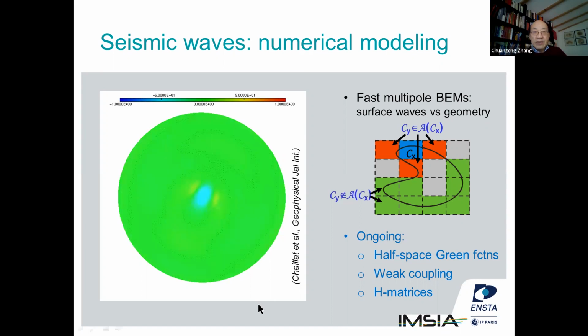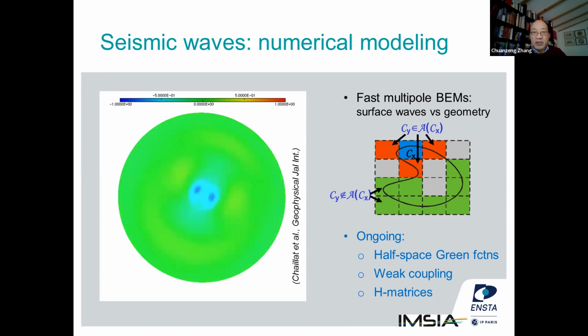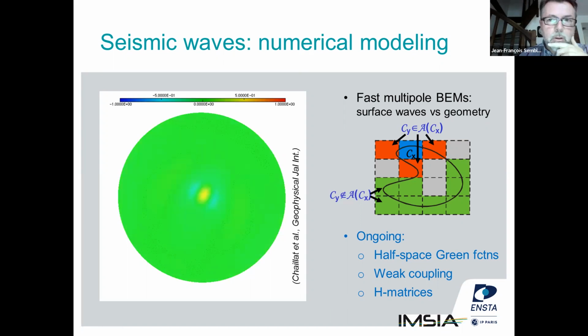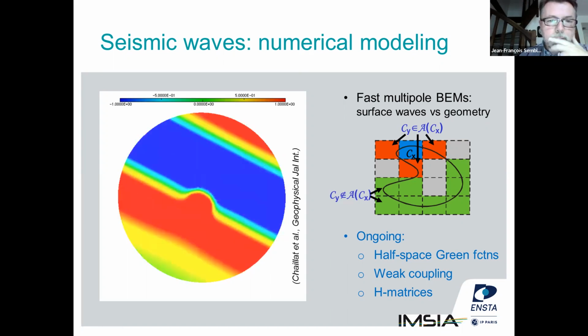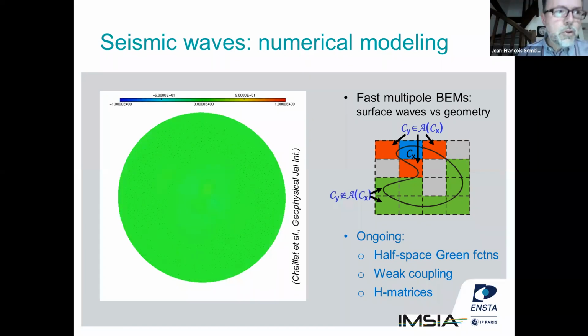Can you get closed form half space Green's functions, or do you have some infinite integrals in 3D? For the fast multipole boundary element formulation, you mean? Yeah, the closed form solution.